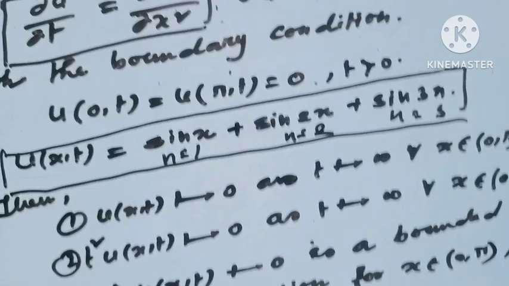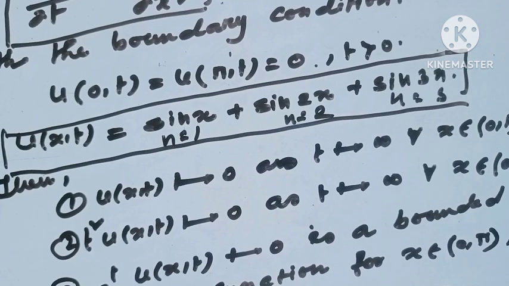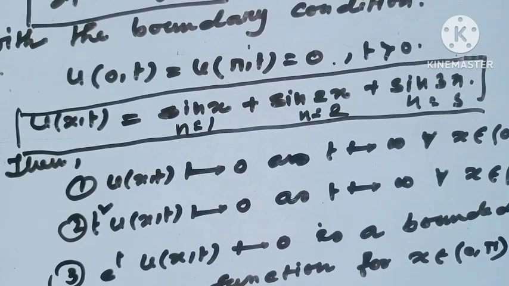At first I will find the solution, then I will check whether u(x,t) tends to 0 as t tends to infinity, then I will look at the other options.